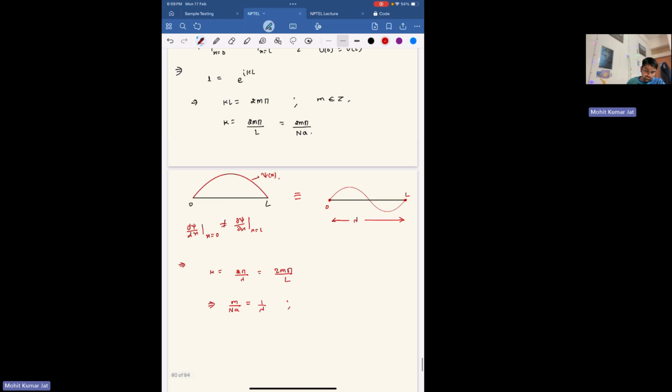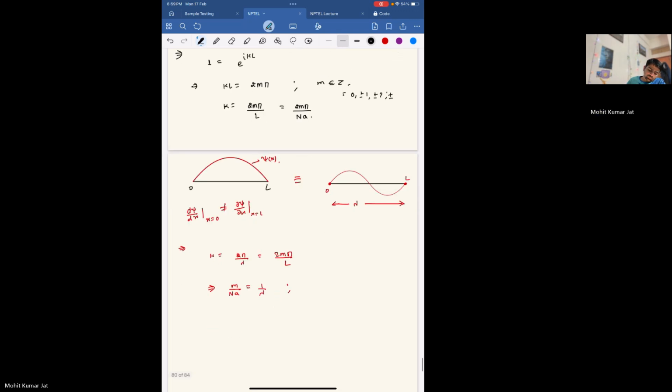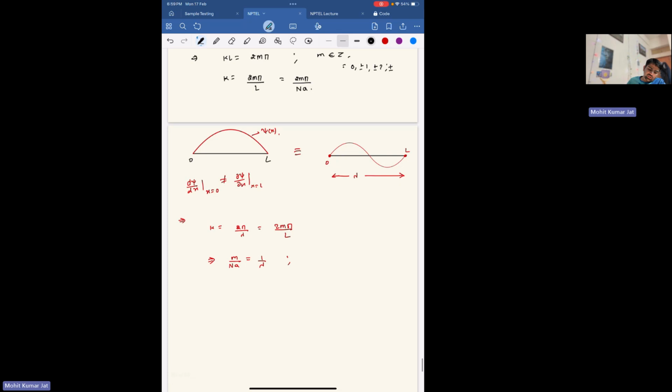Okay. So the m can take values like 0, plus minus 1, plus minus 2, and it goes up to the point where the total is n.